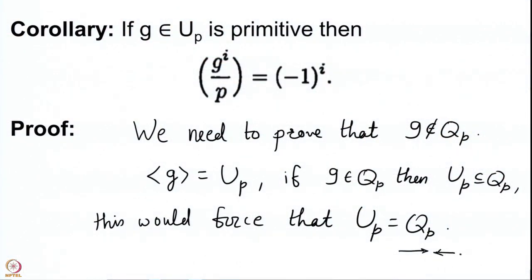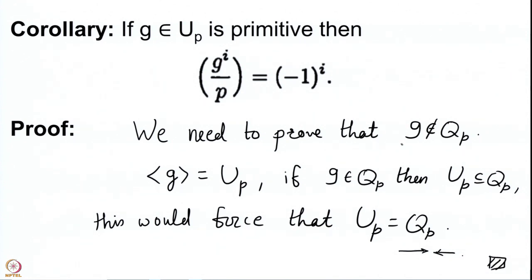We have seen that whenever we have a primitive element, there are exactly 2 square roots of 1, namely 1 and minus 1. We are taking P to be an odd prime. So, 1 and minus 1 are distinct elements modulo P. So, 1 and minus 1 are 2 square roots of 1, therefore, the map which sends every element to its square, the homomorphism that we saw in the last lecture, has a non-trivial kernel of cardinality 2 and therefore, by looking at the cardinalities we get a contradiction.